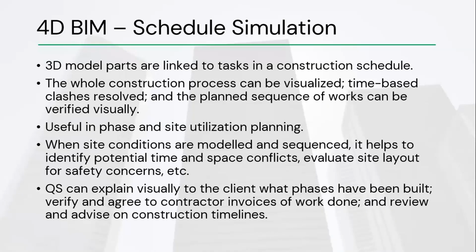If there could be any conflict in terms of the transportation, the storage, and all movements, we'll be able to see how that works, how the crane moves around, and how the vehicles delivering materials are going to be moving in, and we can optimize that so that when we go to site, we have the full picture in mind: this is how my site plan looks, and this is where all these activities are organized around.